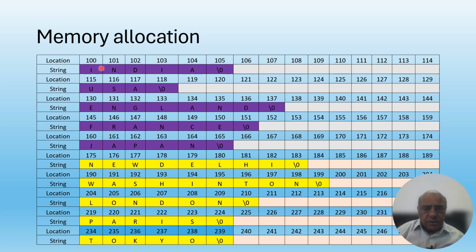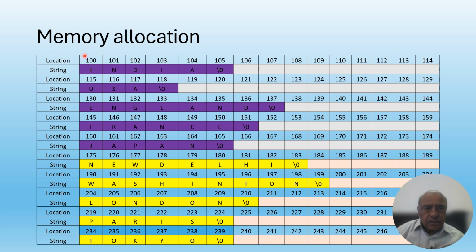But just to explain how these memory locations are allocated, if the array starts from location 100 in the memory, then the first 15 bytes in the memory are allotted to the 0th element of the 3D array, and accordingly all the elements are contiguously allotted memory locations.